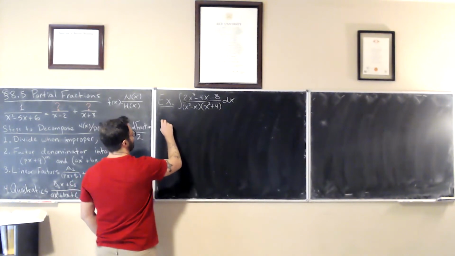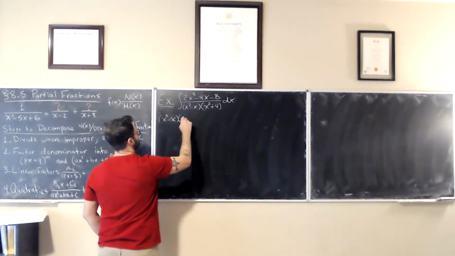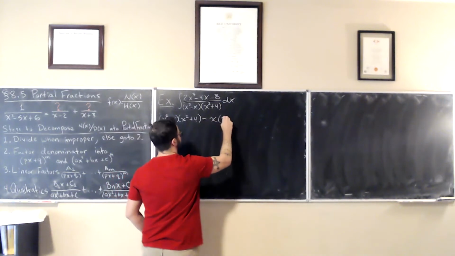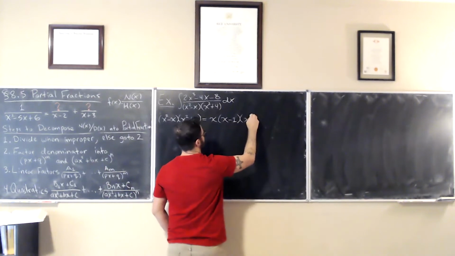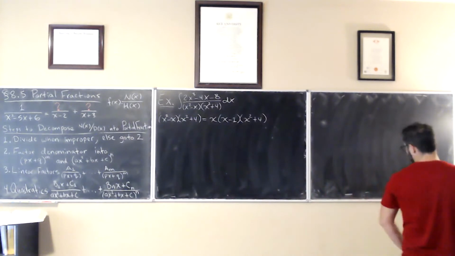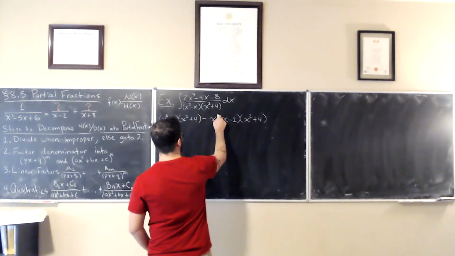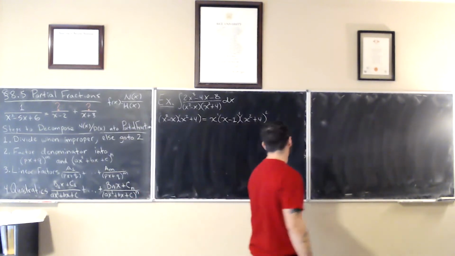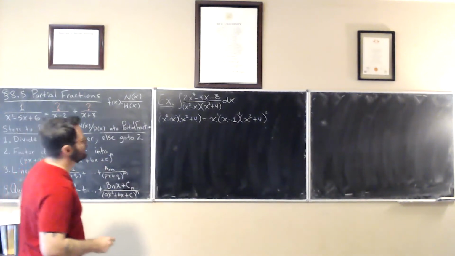So we factor the denominator, it becomes x times x minus 1 all times x squared plus 4. Okay, so those are the 3 factors. They all have power 1, luckily. That's kind of my favorite case when they all have the power 1, because then we don't have to keep on writing out and having more and more variables.